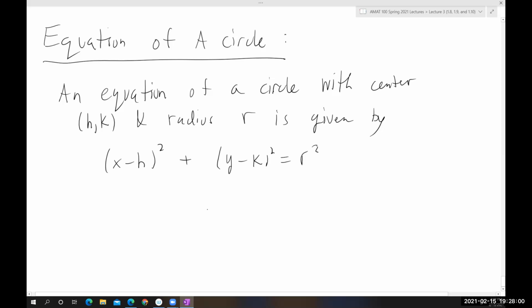And then the solution set will be all the x and y that satisfy this. So let's look at some examples. Let's find the center and radius of the following.